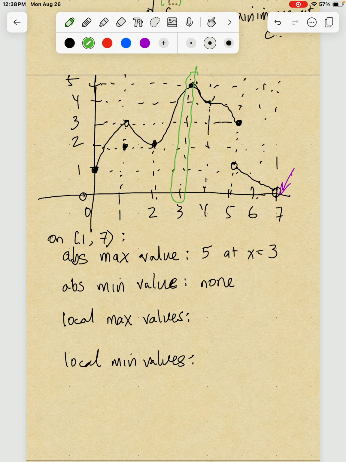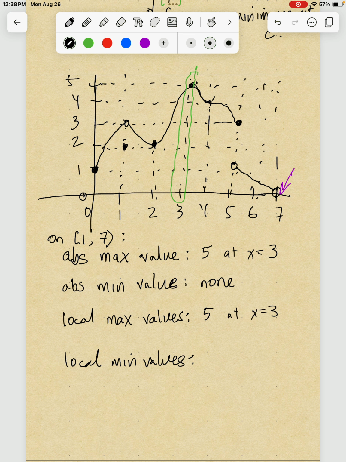When you look at the immediate vicinity of x equals 3, slightly to the left or slightly to the right, 5 is actually bigger than all the other y values. So there's a local maximum of 5 at x equals 3.